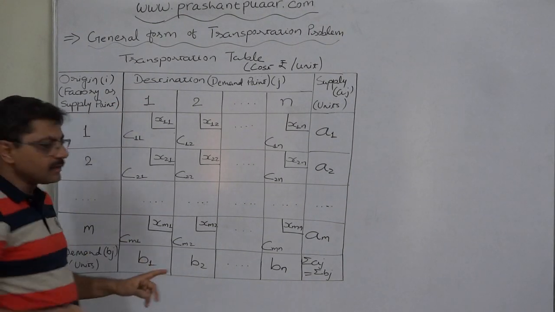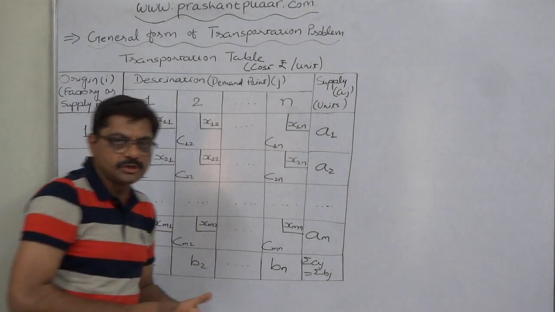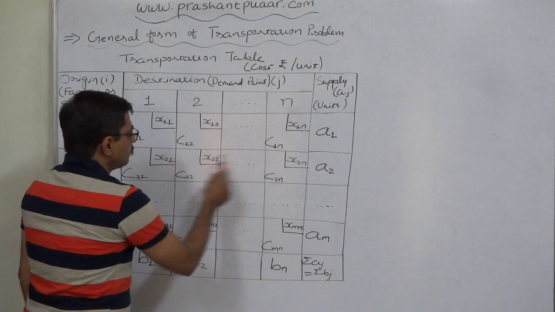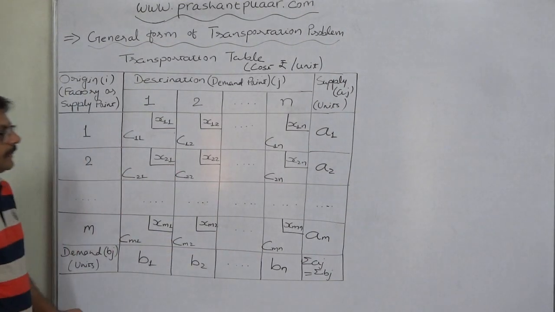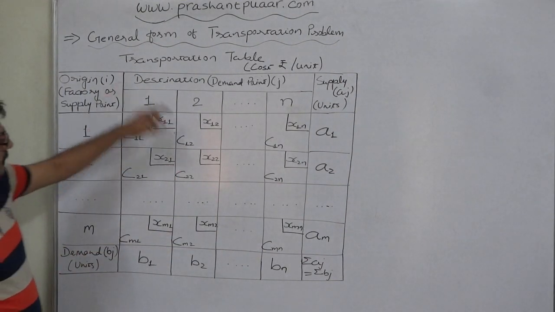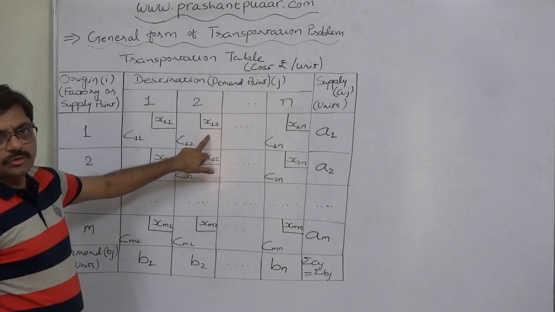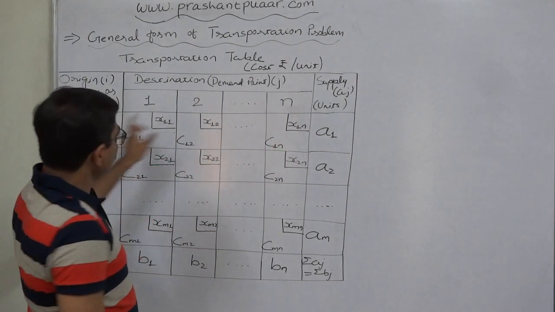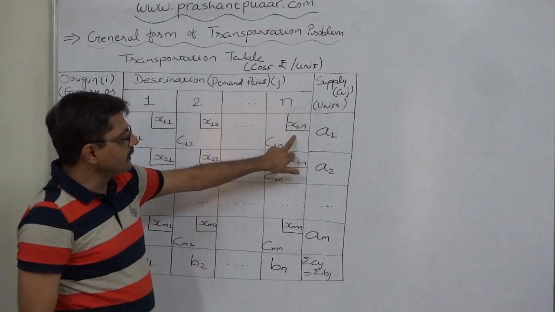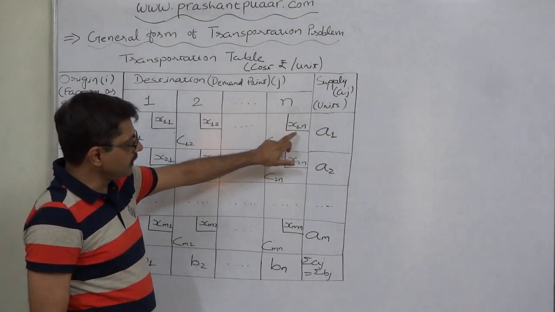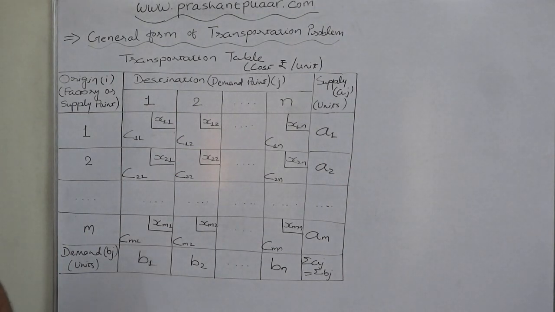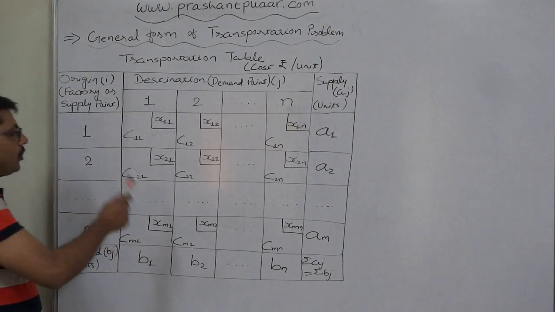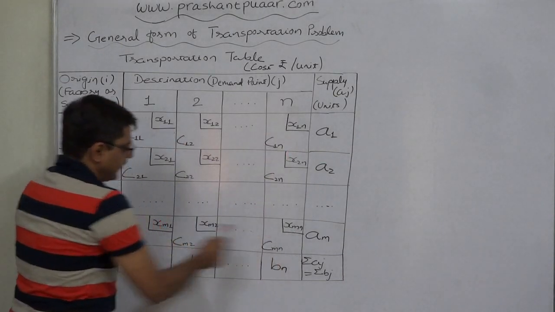If we get the solution of this transportation problem, we will have the values of these possible quantities. From origin 1 to destination 2, transportation of X12 units. From origin 1 to destination n, units transported will be X1n, and so on. Our aim is to know the value of all these x's.